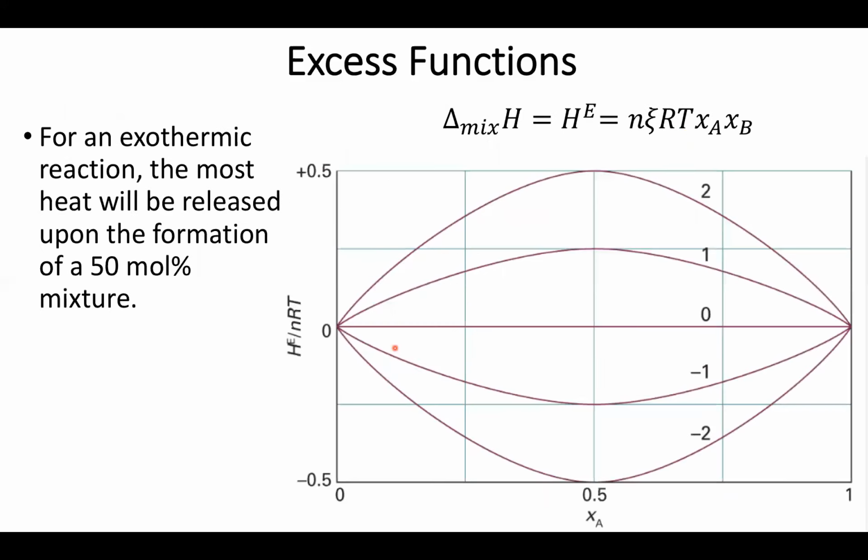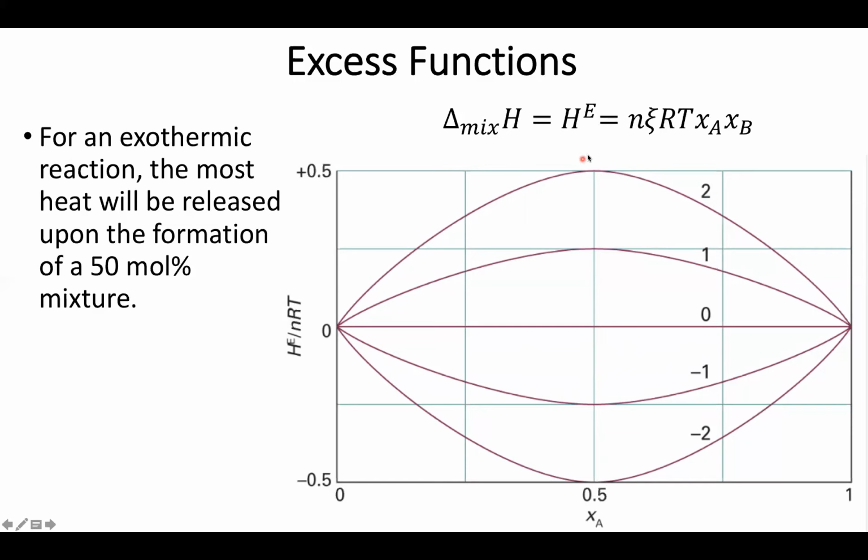So if we go ahead and examine this system, what we're going to see is that, say, if I have a negative xi, and I'm looking at an exothermic reaction, we're going to see the most amount of heat, or the negative enthalpies, around a mole fraction of that 0.5, because these collisions are happening very frequently. However, let's say I have a common system where my molecules tend to like to hang out with themselves, which tends to be a little bit more common than an exothermic mixing.